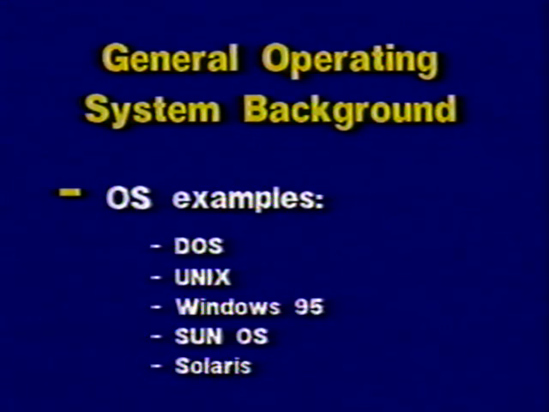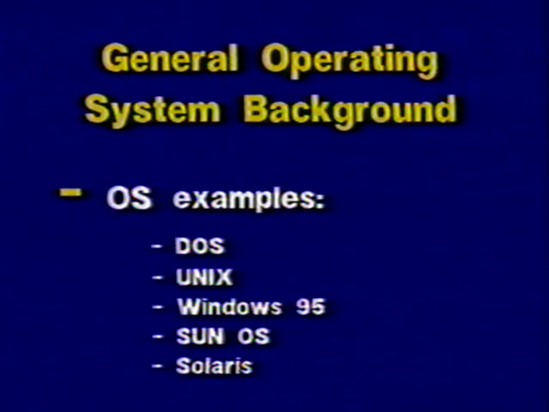After Microsoft spent all that money to market that before it came out, I'm sure it's a household name by now. There's Sun OS, which you're going to find on Sparc stations from Sun Microsystems, and the next generation of operating system for Sparc stations is something called Solaris. So there you have a few examples of vendor operating systems.